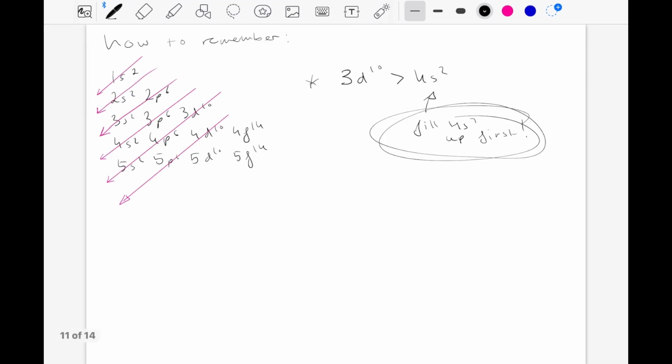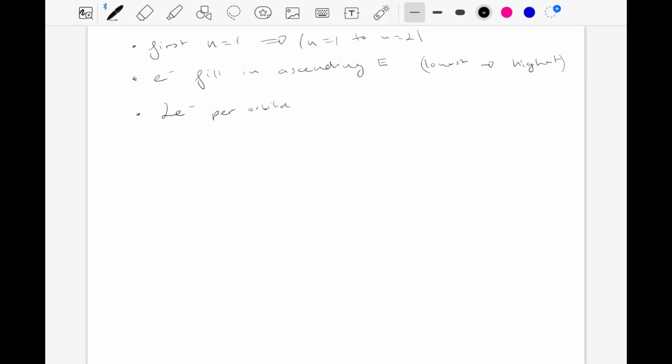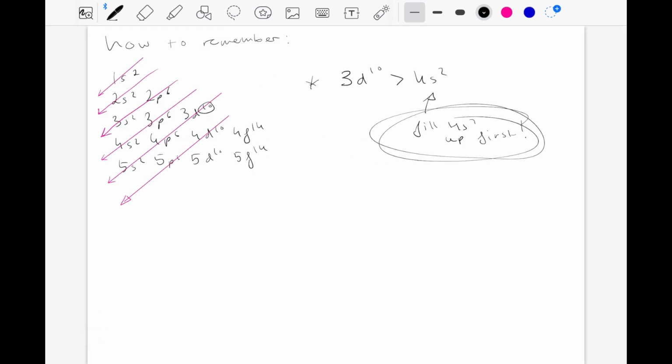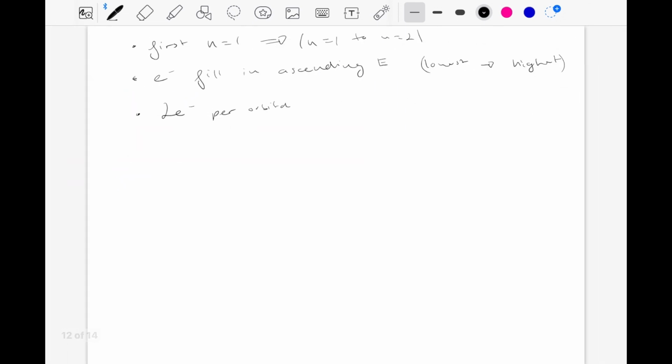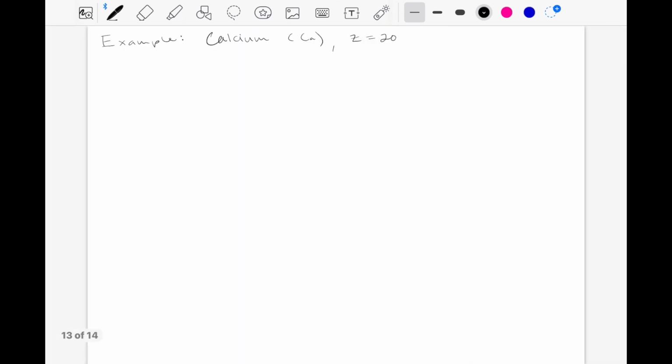This is why we have 4s2 before 3d10, because electrons will fill up the lowest energy first and then move on to the highest energy. And lastly, the rule of 2 electrons per orbital, which is where all of these numbers come from. There are a couple more rules, such as the Aufbau principle, but those can be mentioned in another video. Today we'll focus on the basics, and this is where we're moving on with our examples.